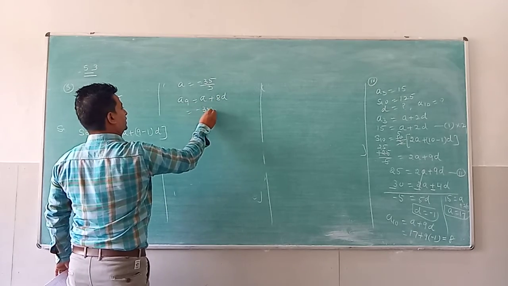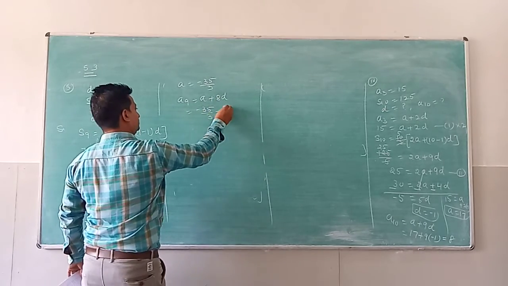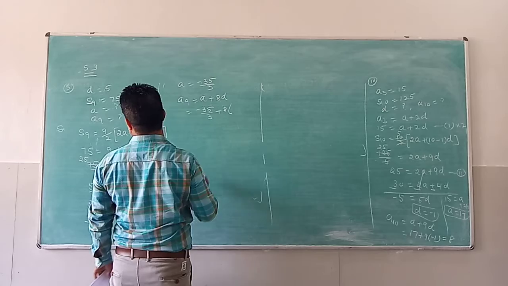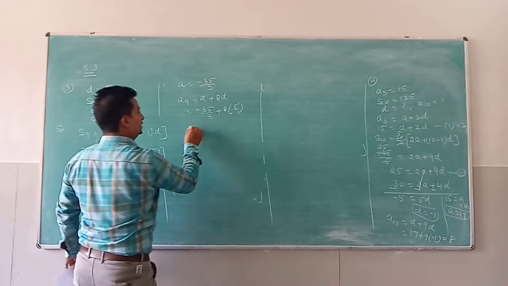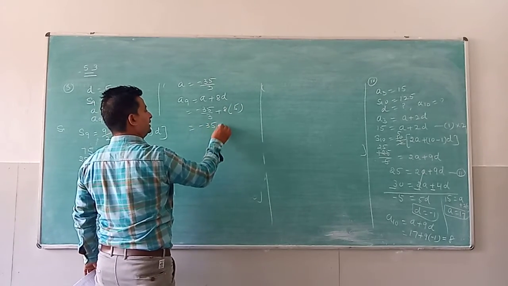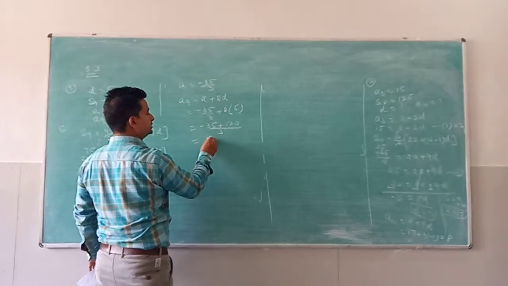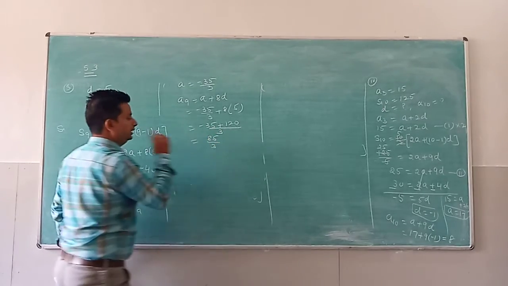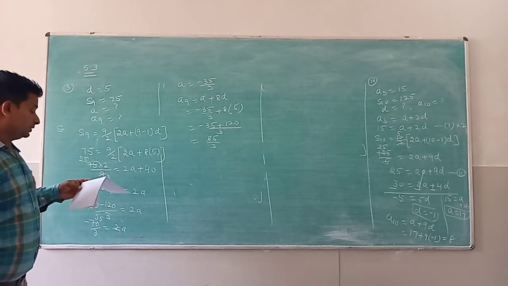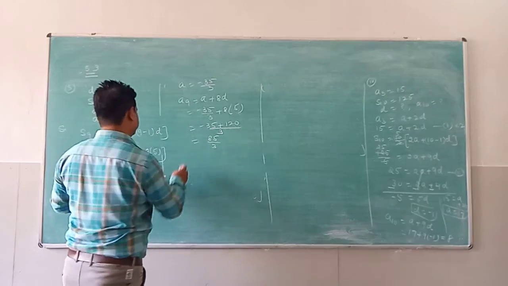A is minus 35 upon 3, value of d is 5. When we take LCM, minus 35 plus 120 upon 3. So this is 85 upon 3. This is the 9th term of this AP.